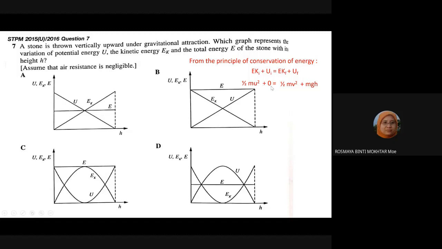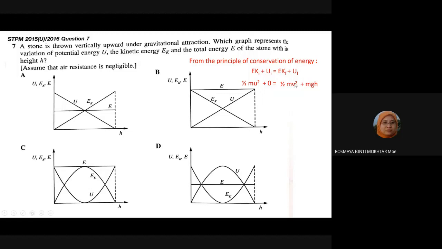So we substitute u as the initial velocity: half m u squared, plus U from the surface of the earth. h means the height from the surface of the earth, and the surface of the earth as a reference is also 0. For final, it can be anywhere above the surface of the earth, so the velocity changes. It can be v1, v2, v3, so generally we write v.